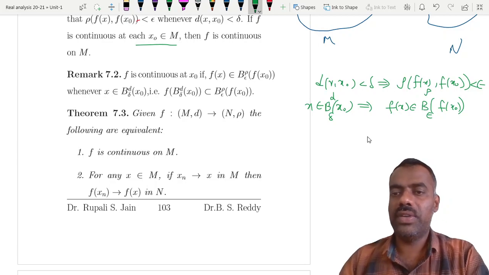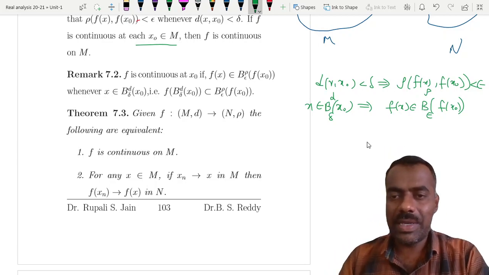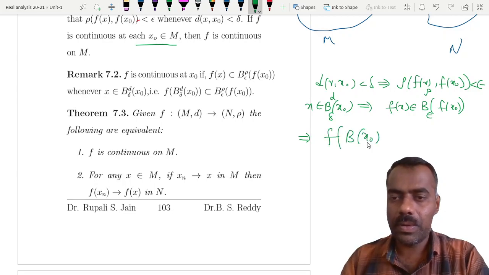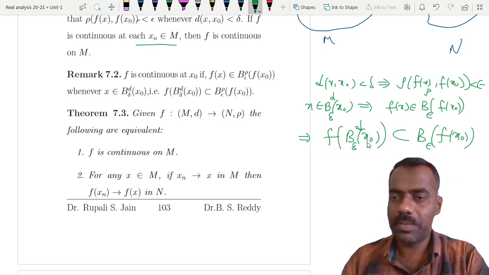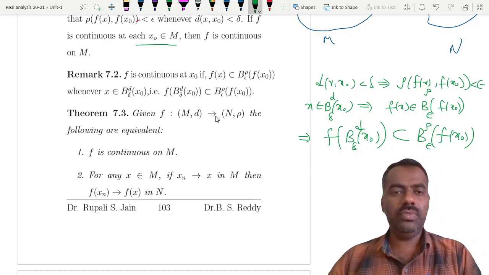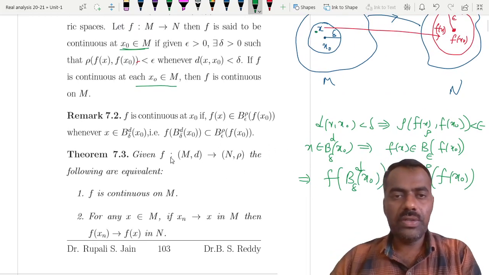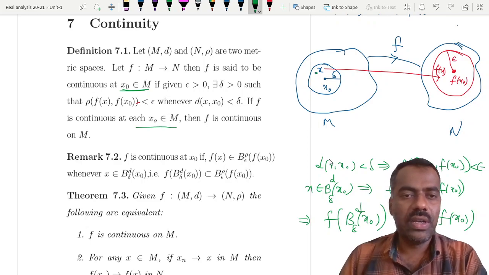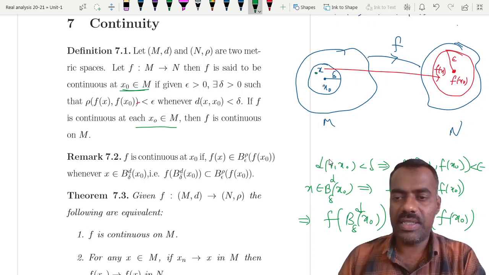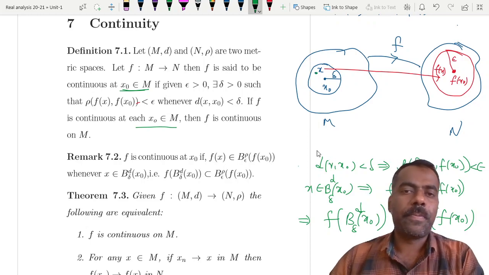This metric we denote by rho, but this is the same as saying that whenever x is there, its image is there. That means f of this ball is contained in the ball around f of x naught. So equivalently we can use these versions. They are all equivalent, right?